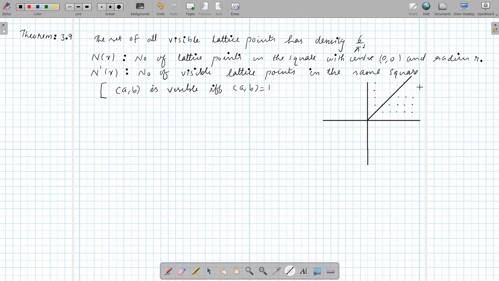That means we divide the first quadrant into two symmetric regions. In those regions we can get visible lattice points. So we will find the visible lattice points in this area. Then we will multiply it by 8, and you will get the total lattice points inside that square. Suppose this is the square.